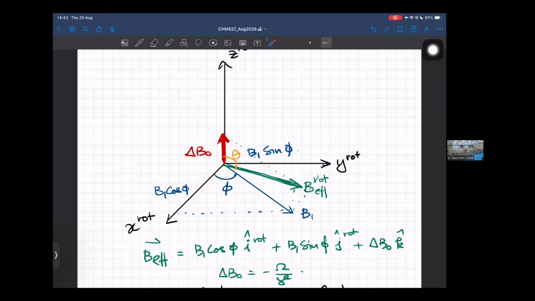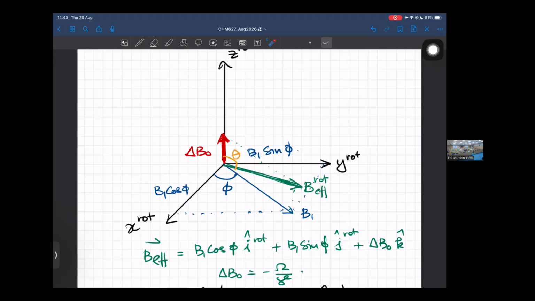Alternatively, if it is off resonance and it has a positive off resonance, it's going to be a net vector that's going to be contained in the ZX plane. On the other hand, let's say the spins have a negative offset, then the delta B naught will be inverted. You're going to have something like this, and this is going to have B effective in the minus Z plus X plane.